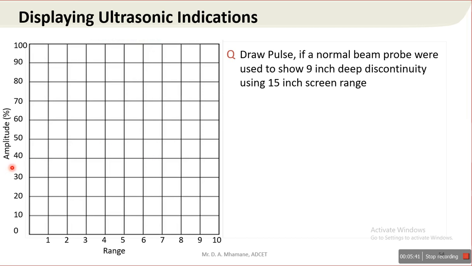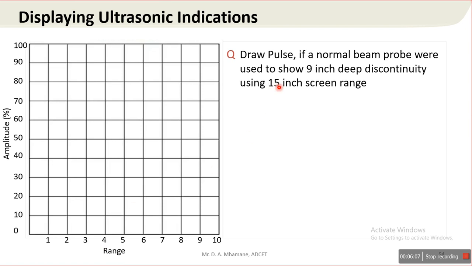On the y-axis, intensity or amplitude in percentage, and on the x-axis, time is plotted. After all, we will consider these 10 blocks as a range. So we consider here that on the x-axis, range is there.